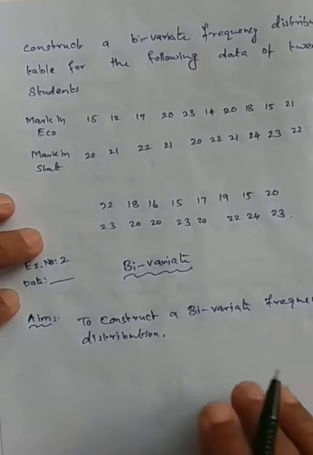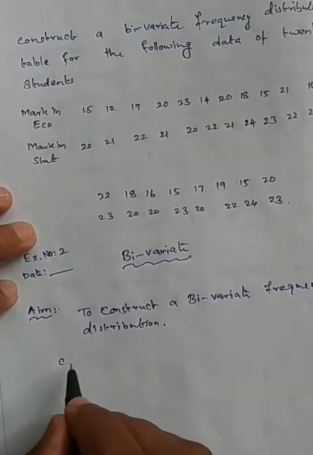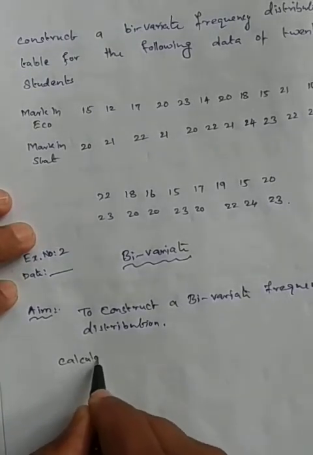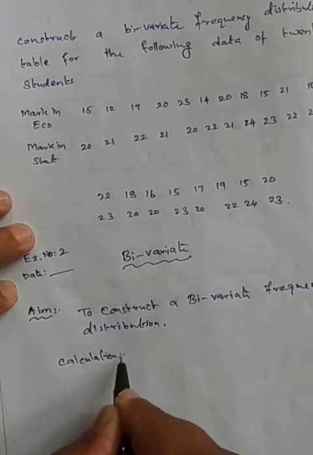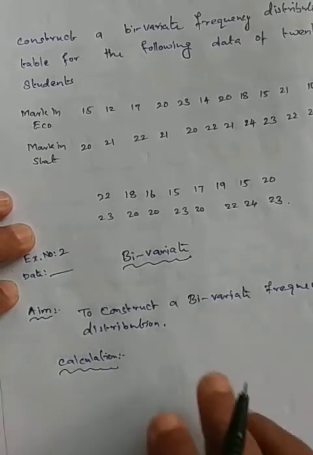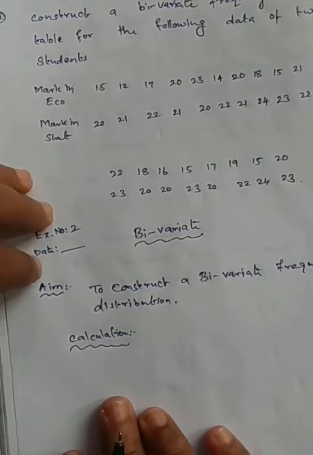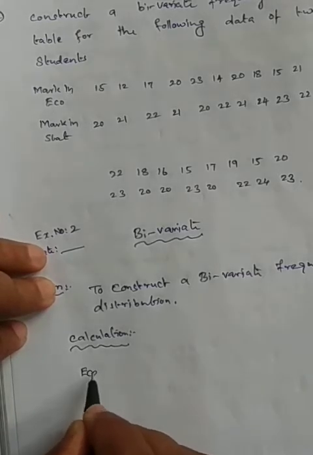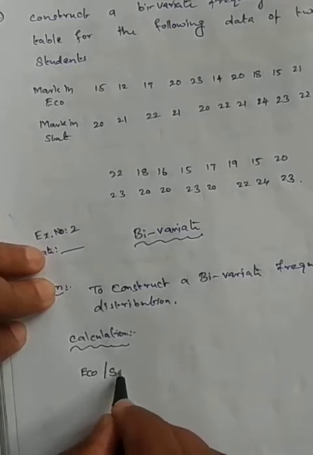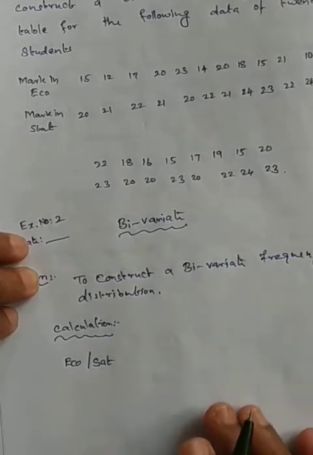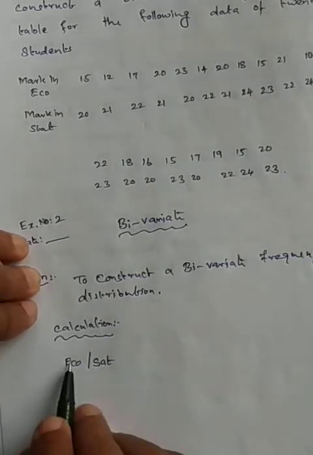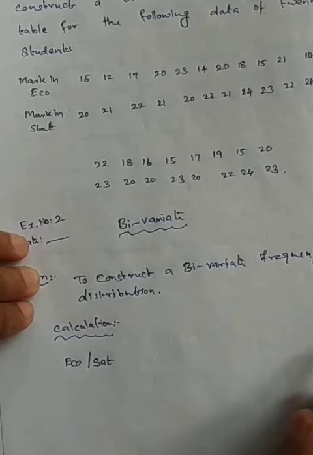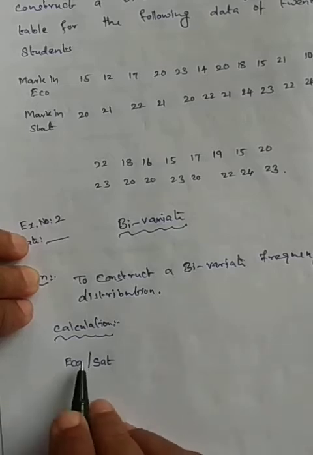There is no formula at all for this one, so straight away calculation. Aim is written. Next one, calculation. Here economics, and here statistics. Economics will go in the horizontal way, statistics goes in the vertical way.